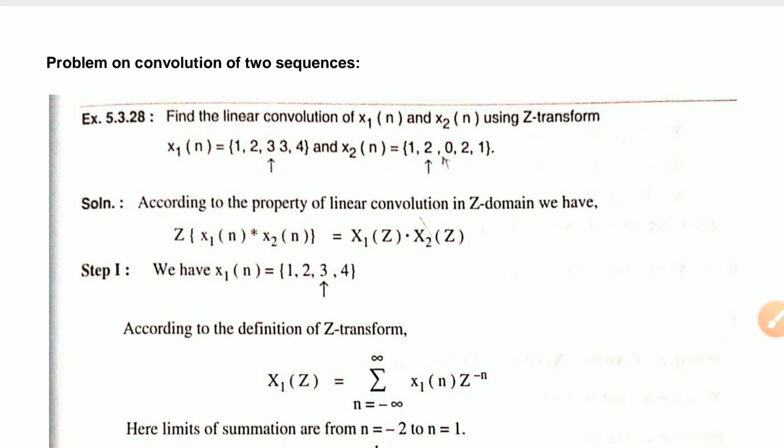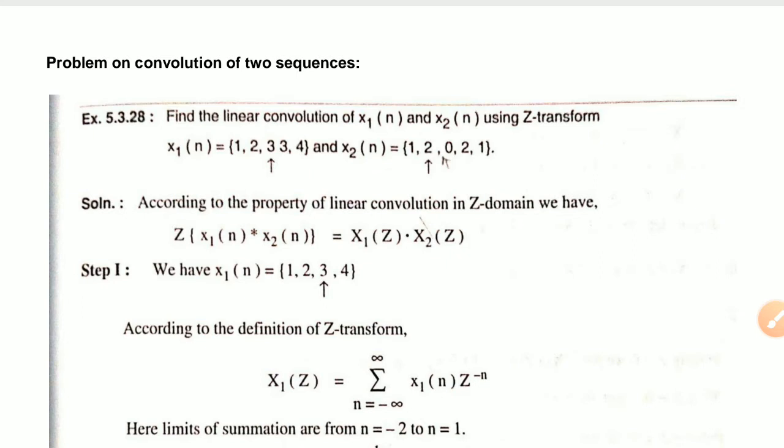So it is very easy to score 7 out of 7 or 8 marks on the given question. Just prepare 4 to 5 examples on the convolution of the Z transform, and it is one of the simple properties of the Z transform. Basically, all the calculations for this convolution depend on the basic definition of the Z transform.